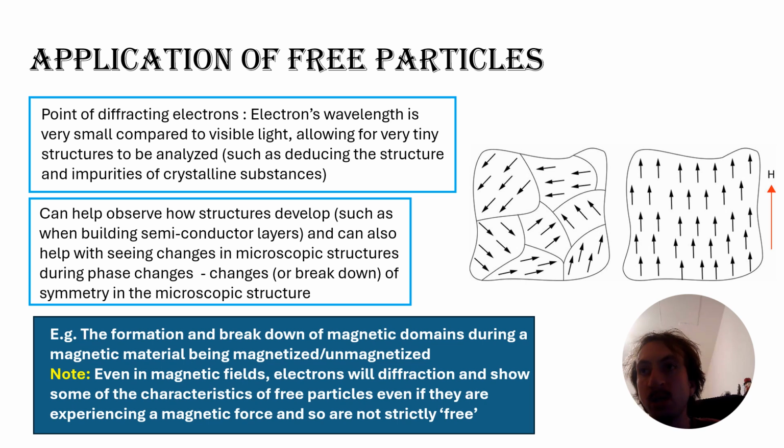And due to the wavelength of the freely moving electrons that we use, we can see how the magnetic field might be breaking down into domains at a microscopic scale where these domains are apparent. Because we don't see those domains at a macroscopic scale. These domains tend to be really tiny.